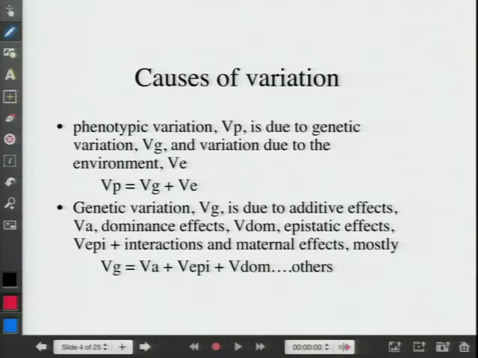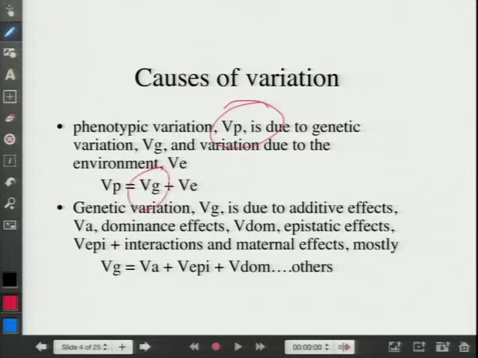So if you look at the possible causes of phenotypic variation in some trait in some population, this is usually broken down mathematically in a very simplistic way where you say phenotypic variation, VP, has to be due to really only two sources, right?